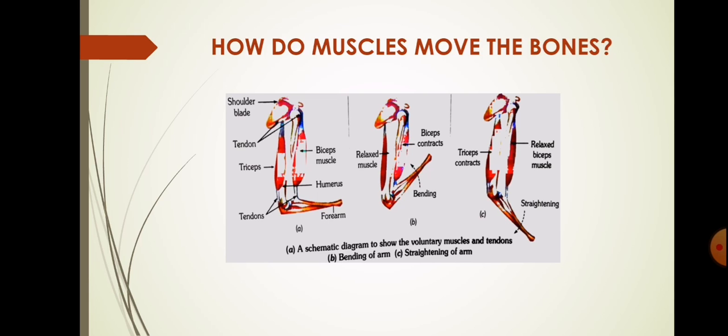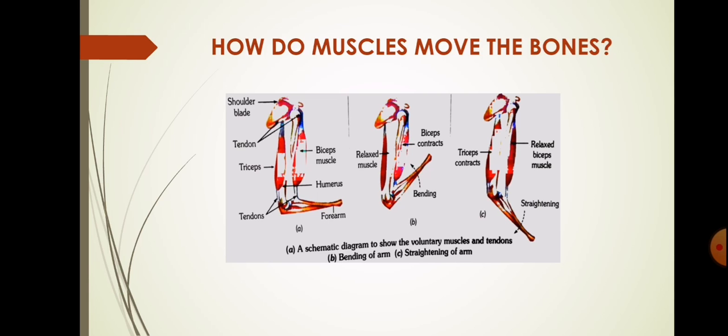And when you release your hand and straighten your arm, what happens? Your tricep will contract and the bicep will expand. Because of the movement of this tricep and bicep, you are able to move your hand at the elbow. This is how the movement takes place.